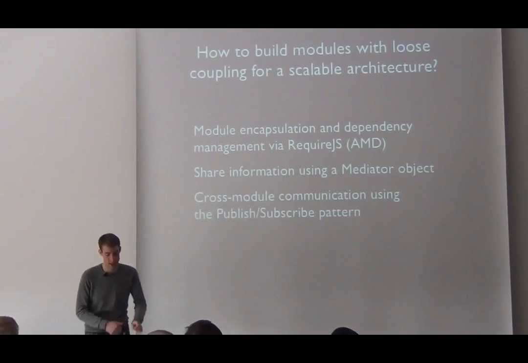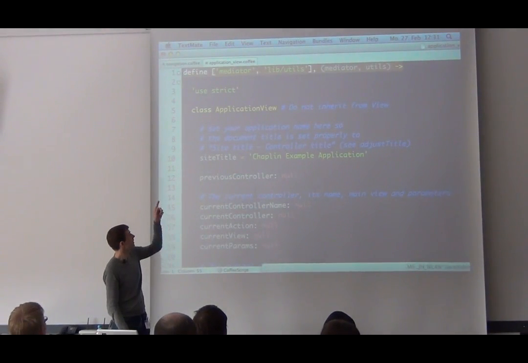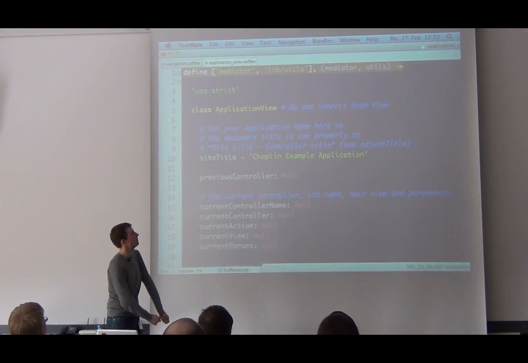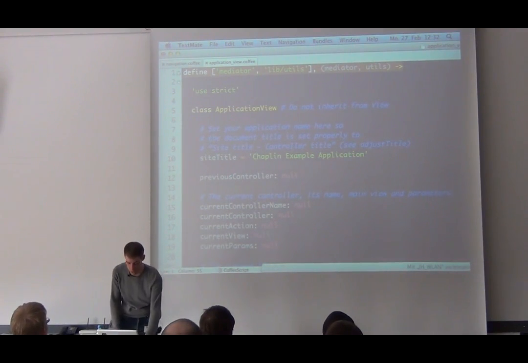What they can do is load the mediator, and here you can see this application view loads the mediator object, and then using this mediator pattern, it can talk to other modules.